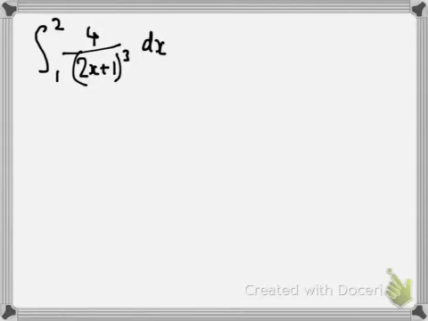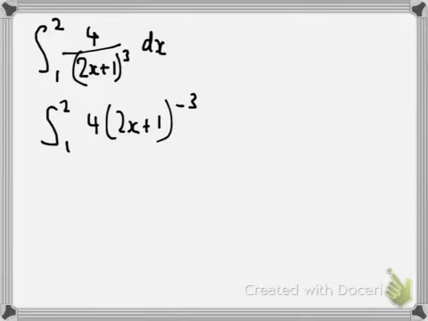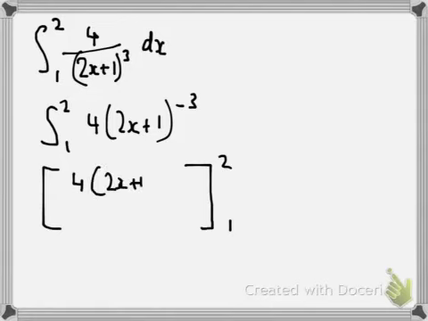Next one's a little bit trickier. So first of all, before we do anything, we're going to change this to 4 outside of 2x plus 1 to the power of negative 3. We should always do that in that situation. Then we're in a position to get the integral of this between 2 and 1. So we've got 4. We raise the bracket by a power of 1, which is negative 2, over the coefficient of x, which is 2, multiplied by negative 2.